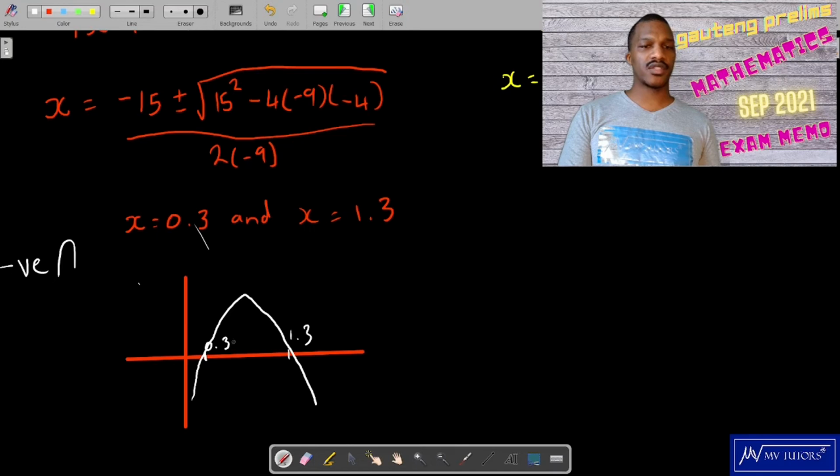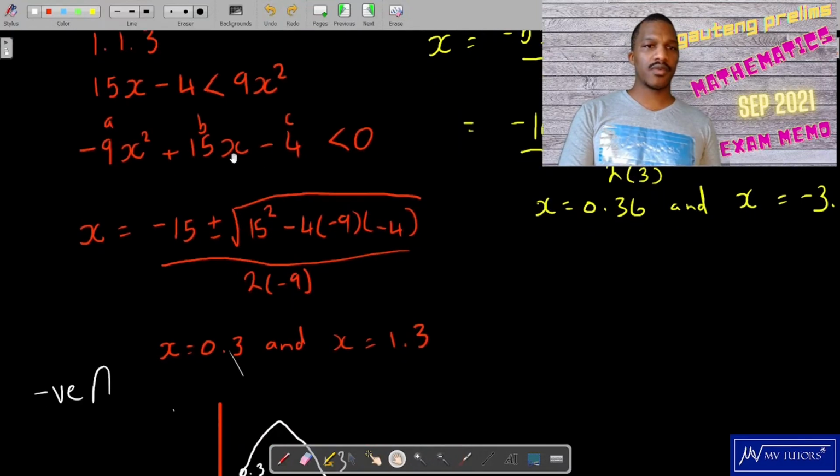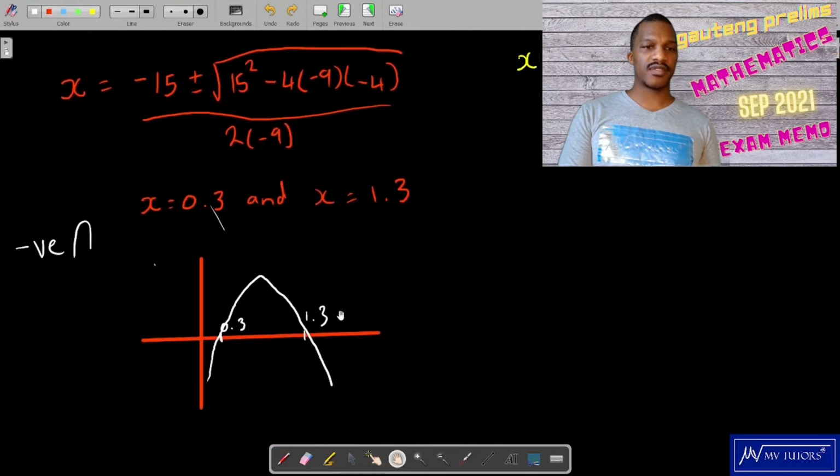All I want is just the x values, right? And then the question, if we look closely at the question here, we want where this graph is negative, where the y values are negative.